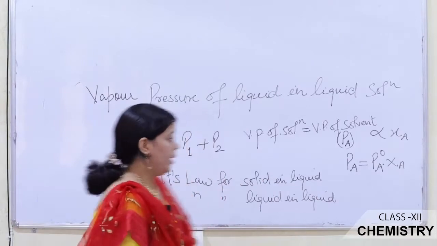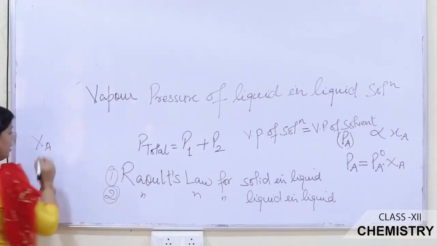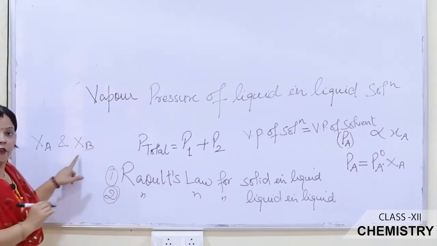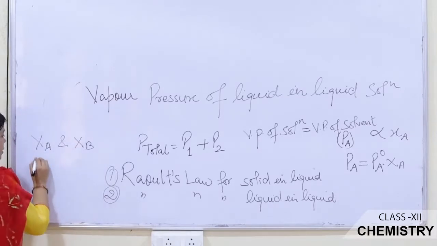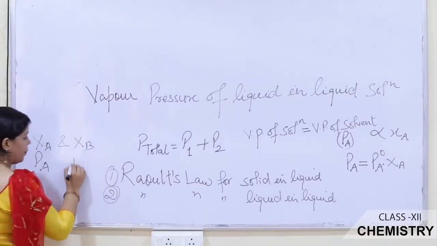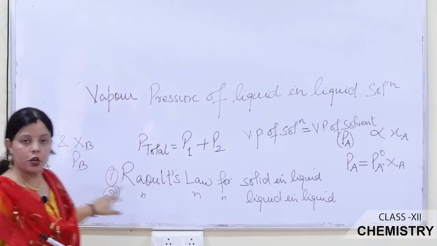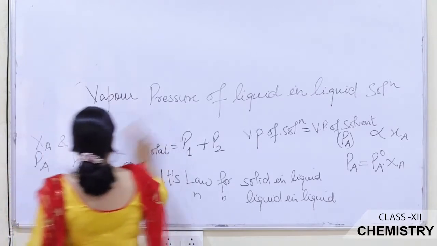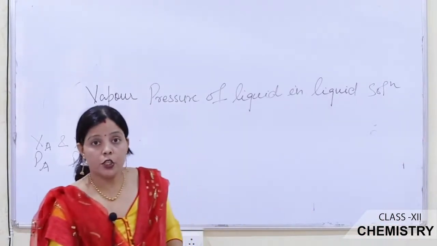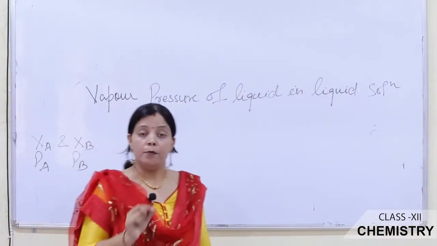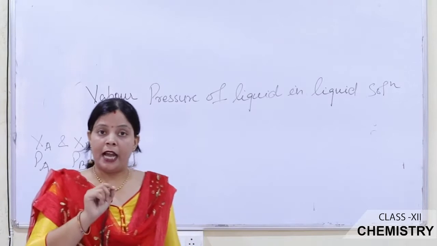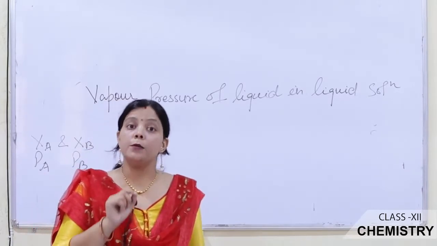If Xa is the mole fraction of component A and Xb is the mole fraction of component B, and Pa is the partial vapor pressure of component A and Pb is the partial vapor pressure of component B, then Raoult's law states that for a solution containing two or more miscible volatile liquids, the vapor pressure of each component is directly proportional to its mole fraction.